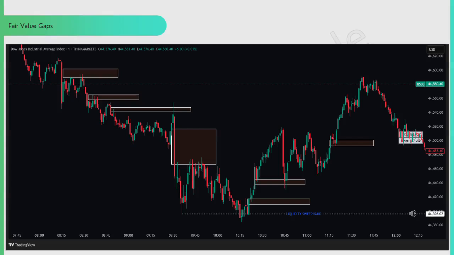Then you see it start creating fair value gaps again. This time it's bullish fair value gaps, to take price upward, and then it fills the previous gaps that were not filled. So this is what we call a smart money reversal. We'll learn more about that in some other videos.